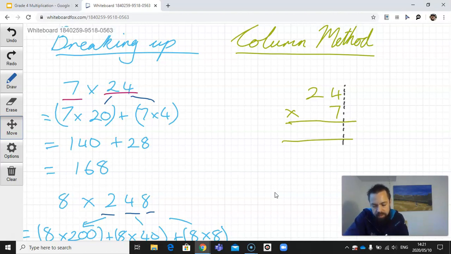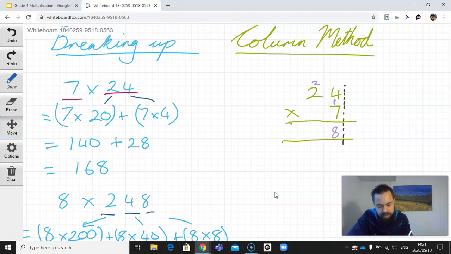So what I'm going to do now is I'm first going to multiply this over here. So 4 times 7 is 28. I put my 8 over there and carry my 2. So what you can see is we did 4 times 7 and we got 28.